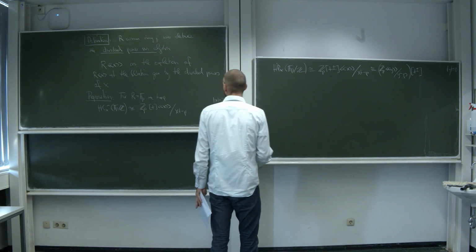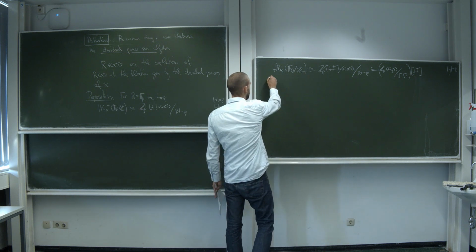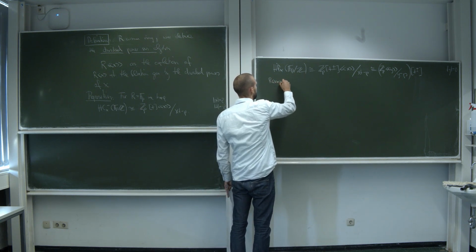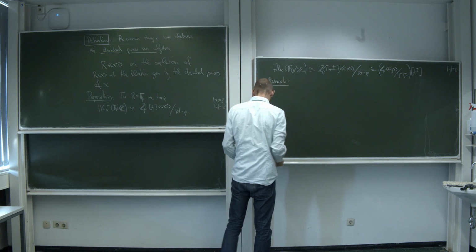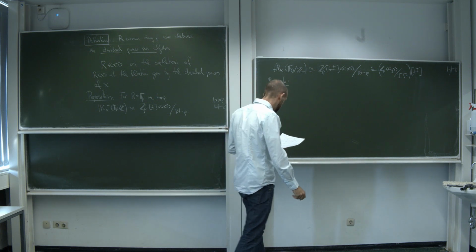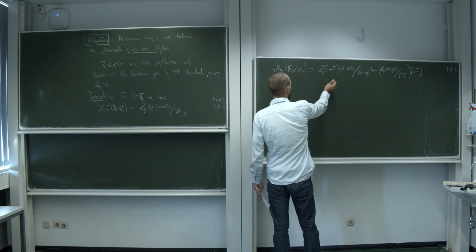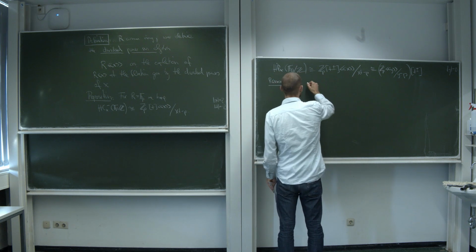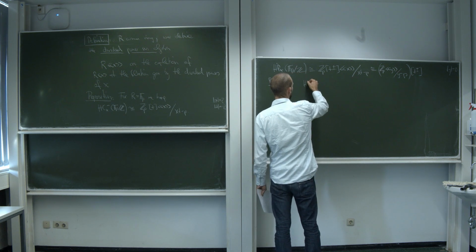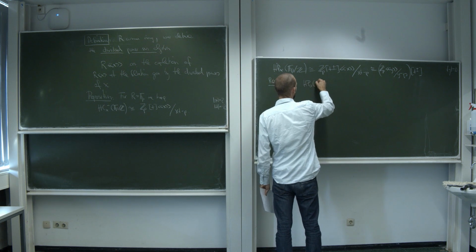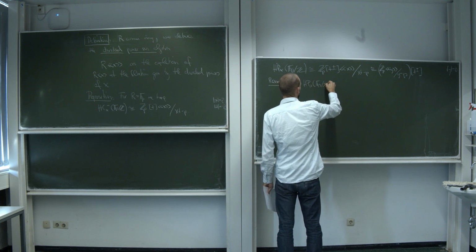And that's the result we want to prove for the rest of the lecture. Before I prove that, I want to make some remarks. The first remark is that this ring which stands over there is isomorphic to HP_0.